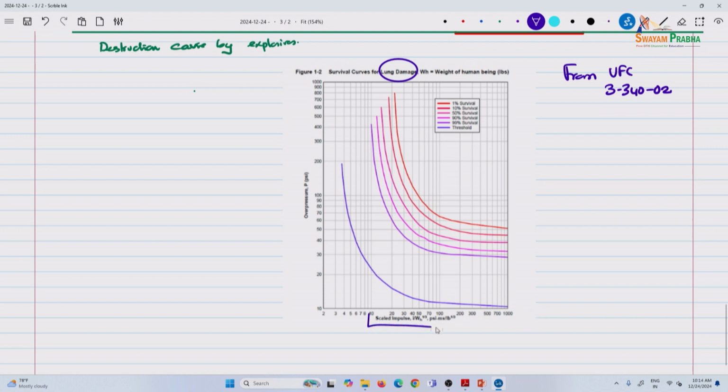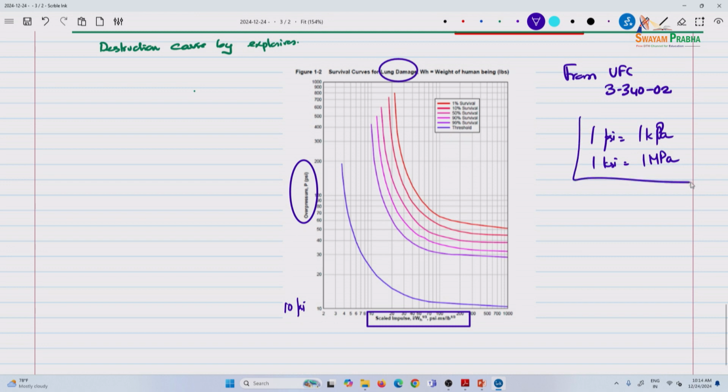This is scaled impulse, in terms of impulse divided by the weight, and this is the overpressure. We've talked of the overpressure already. Going from 10, this is in PSI. So remember, 1 PSI is about 7 kilopascals, and 1 KSI is about 7 megapascals. Keep these two numbers in mind for quick conversions. So 10 psi all the way to 1000 psi, but most of the ranges, this is itself very high.